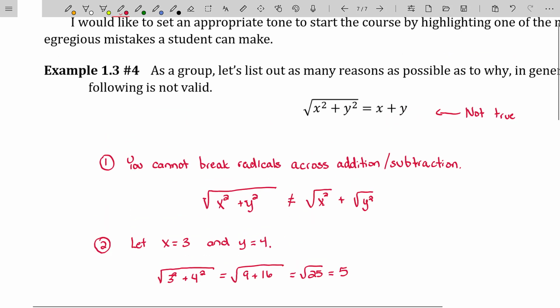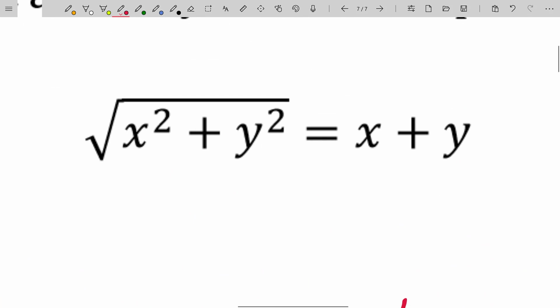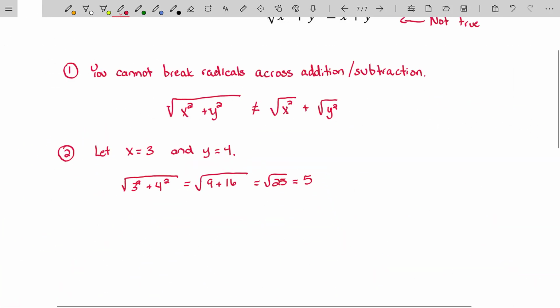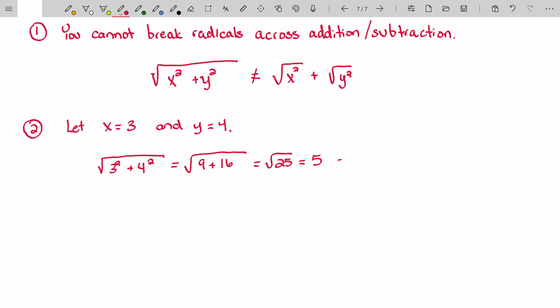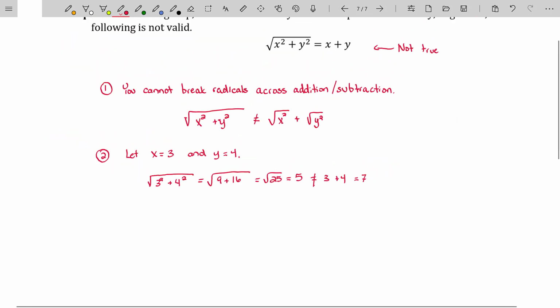If this statement here were actually true, then it should be the case that 5 is equal to x plus y, x being 3 and y being 4. And we would then have proven that 5 is equal to 7, but that is not the case. So there is a counterexample.